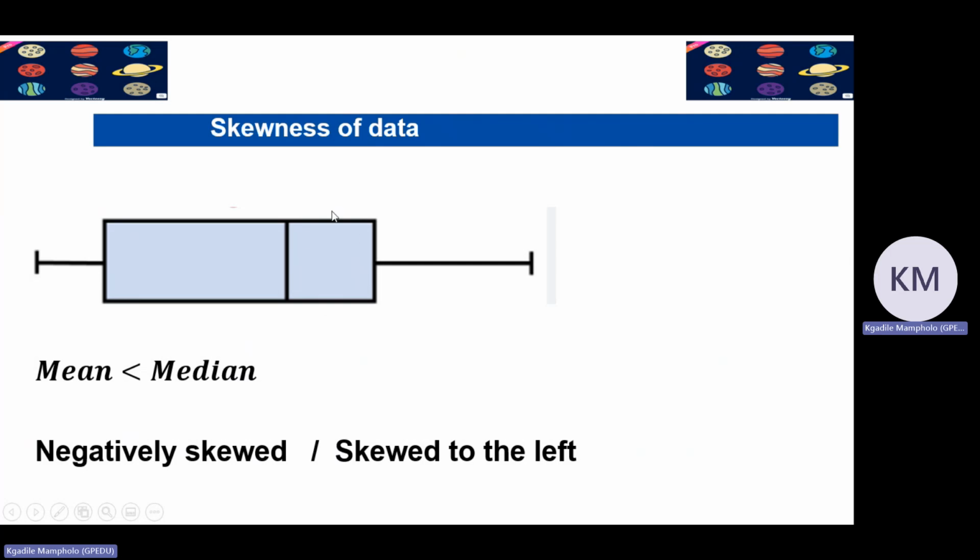Between median and Q3, the scores would be more clustered, while between Q1 and the median, the scores will be more spread out than they are on the right-hand side. So you can also determine that using the mean and median. If the mean is smaller than the median, then you must know that the data is negatively skewed or skewed to the left.